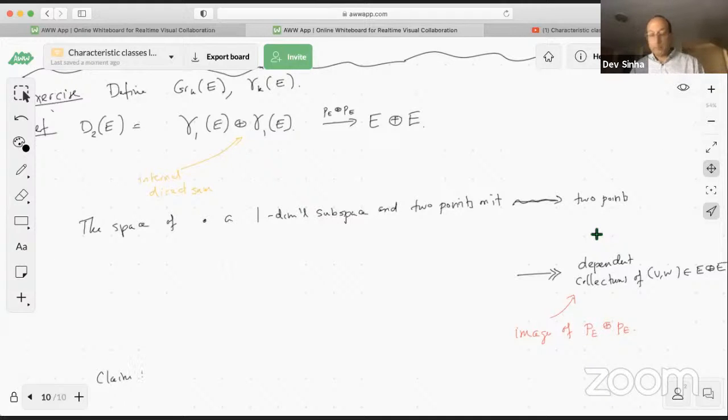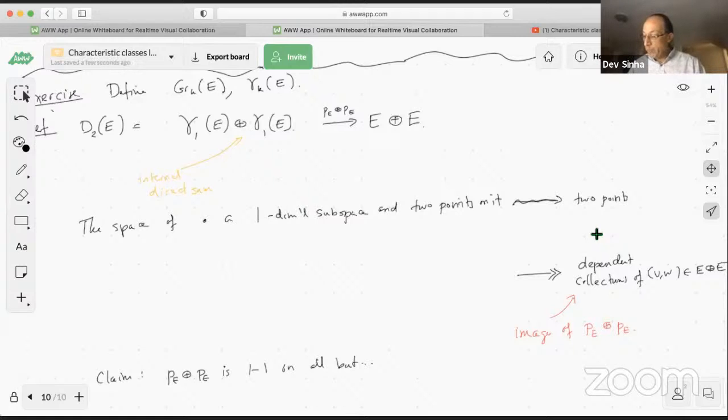Claim that PE plus PE is 1-to-1 on all but, well, exercise to figure that out.